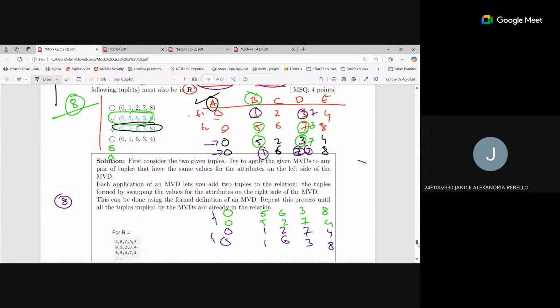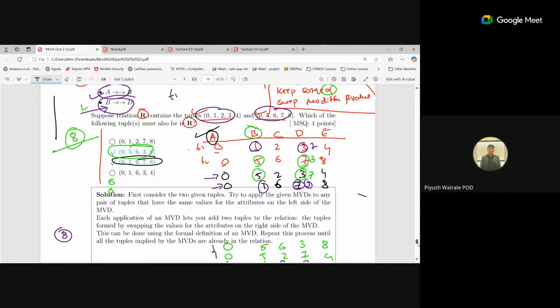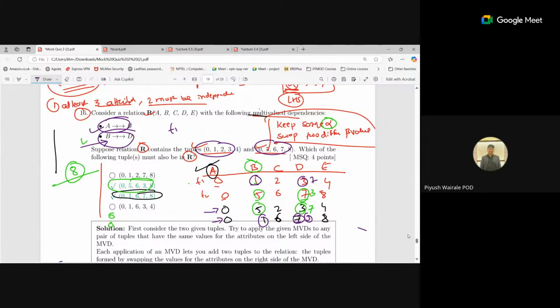Okay. So this is how we can check for MVD, or apply the concept of MVD, if those two rows are already present. For example, I am just giving this particular table to you, and I am giving four options. Which of the following are correct? A multi-determine B, B multi-determine C, like that.